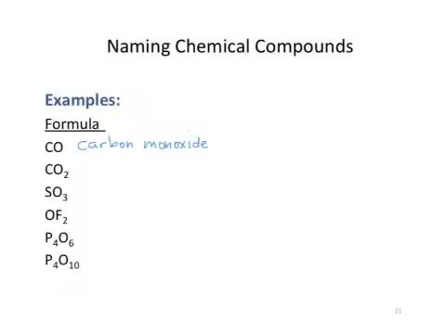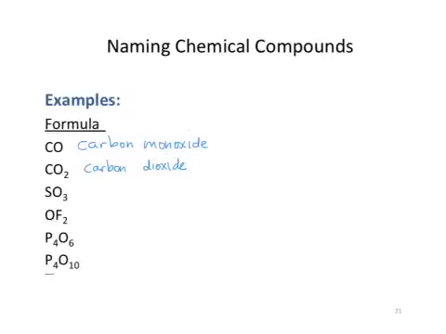Because there's only one of the second atom, we do put the mono in front of that oxygen. Let's compare that to CO2, which would be carbon, again only one of the first ones, so no prefix, but now there's 2 oxygens, so the prefix becomes di, and it's dioxide.